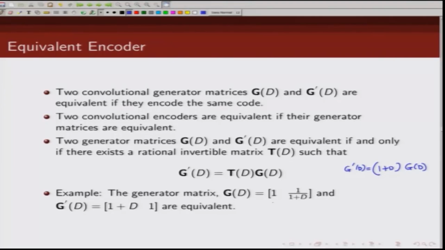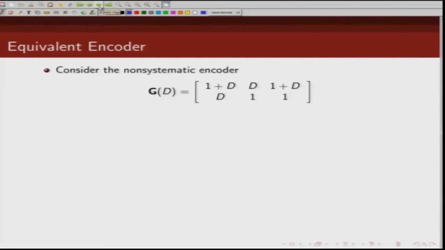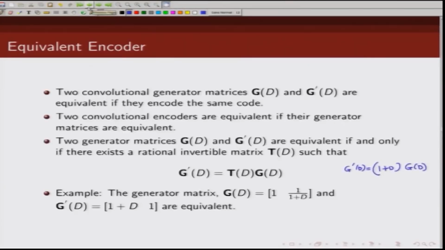And we can see this is a generator matrix for a systematic encoder. And this is a feedback encoder, this is a feed forward encoder.